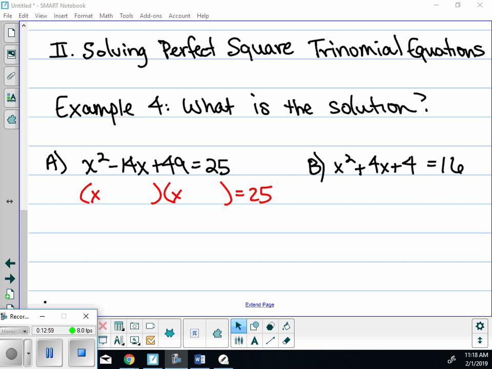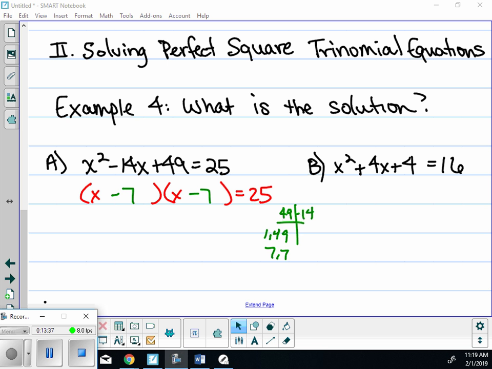So I need what? 2 numbers that multiply to 49, add to negative 14. What numbers multiply to 49? Either 1 and 49 or 7 and 7. So 7 and 7 have to be our winners, right? And it has to add to negative 14, so these are both going to be negative.